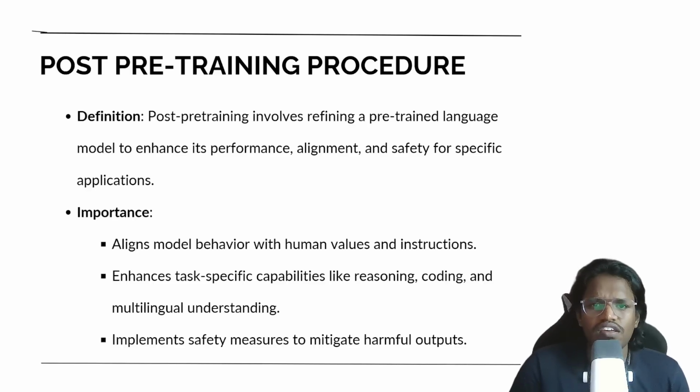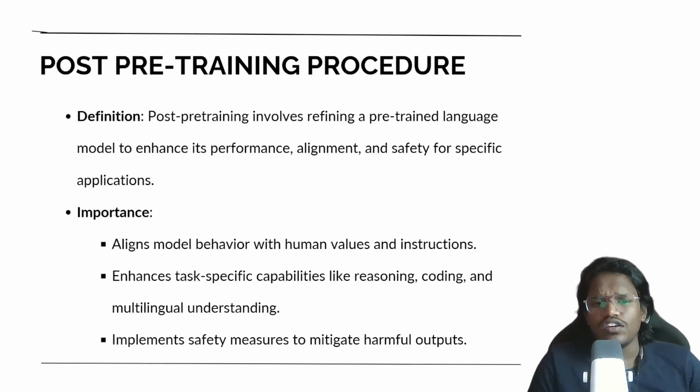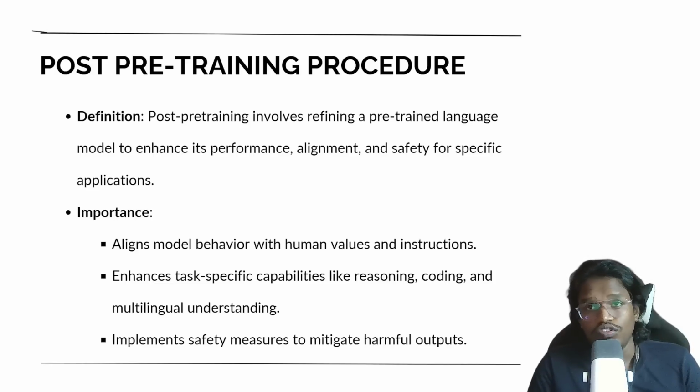These are achieved in this procedure, and that is very important when you use it in the real world. Next, to enhance capabilities like reasoning and coding, you need to do post pre-training. And finally, the most important thing when you use AI is the safety concern. You can mitigate a lot of harmful outputs by implementing safety measures in this procedure.